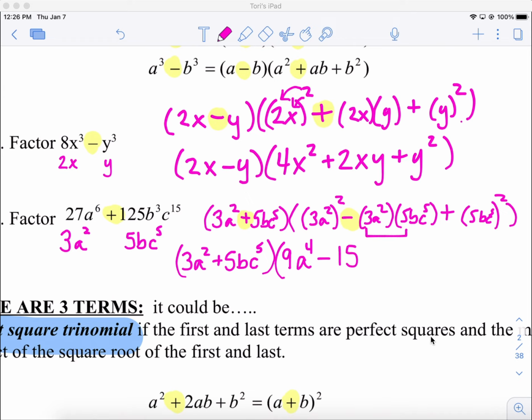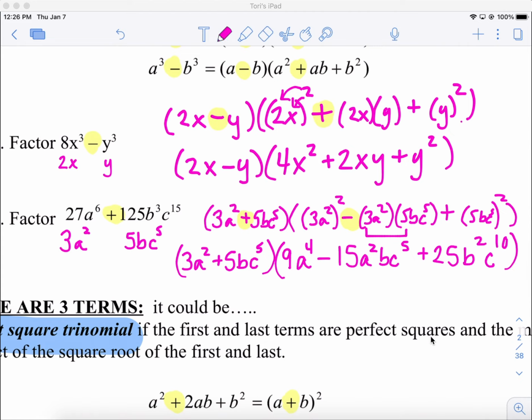So 15, a squared bc to the fifth. And for that last one, I do have to square all three of those pieces. So 5 squared is 25. And now I have b squared and c to the 10th power. Remember, I'm multiplying my exponents there when I distribute that exponent in. All right, that is our final answer.